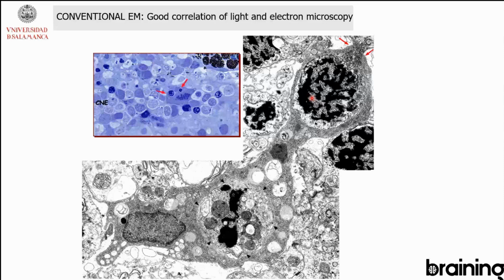And you can see some apoptotic cells which are being engulfed by these microglia, and very nice, you can see the processes engulfing these apoptotic cells. So you can actually correlate the picture in the light microscopy with the picture in the electron microscope. So you can have a double check of what you are looking at.